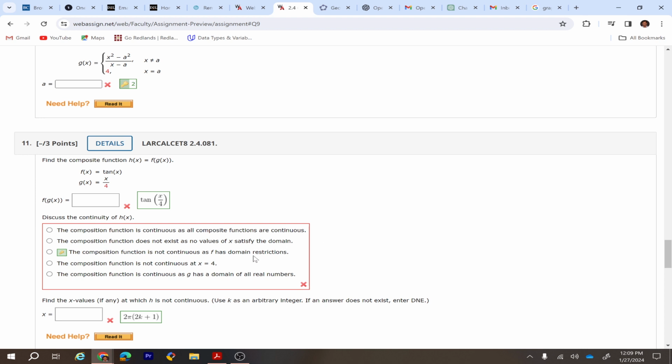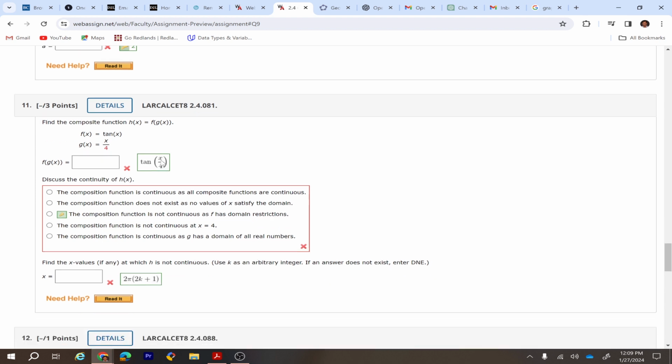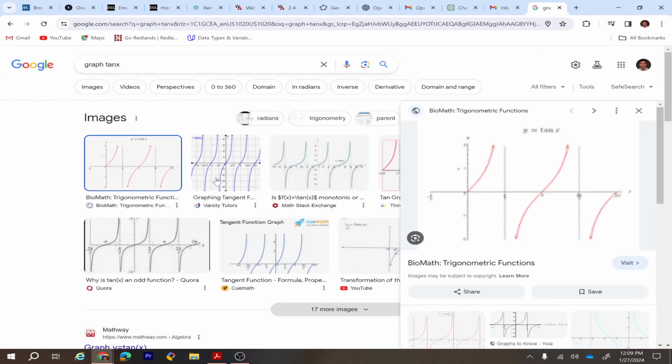Okay. So what is the domain restriction? Find the x values at which h is not continuous. It happens whenever this expression is equal to this value, 2 pi times 2k plus 1, and how am I getting that? By going to the domain of the tangent function.